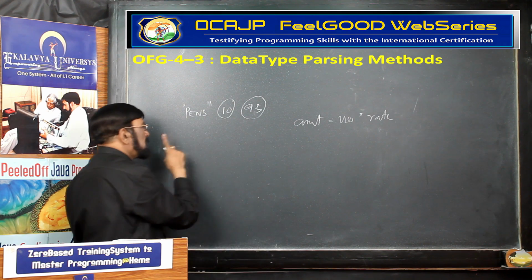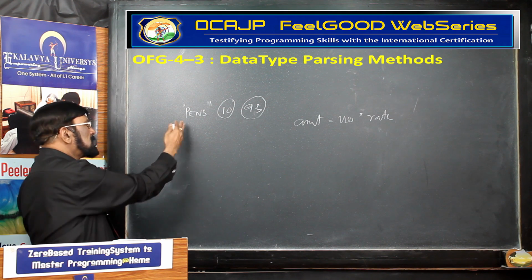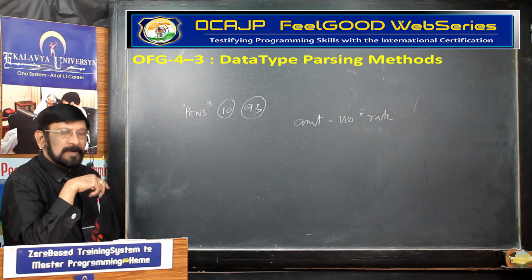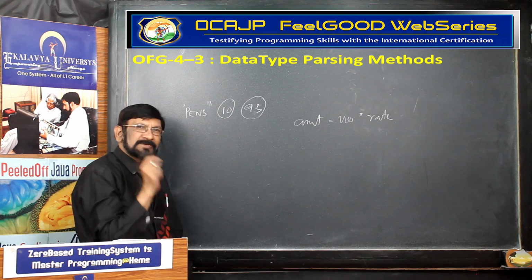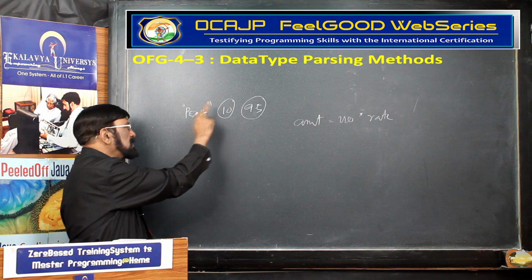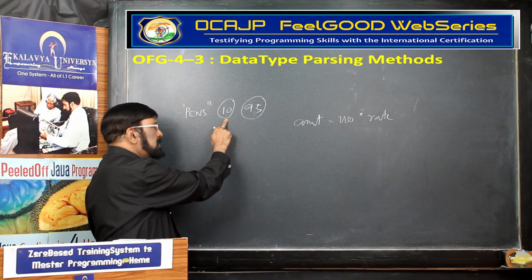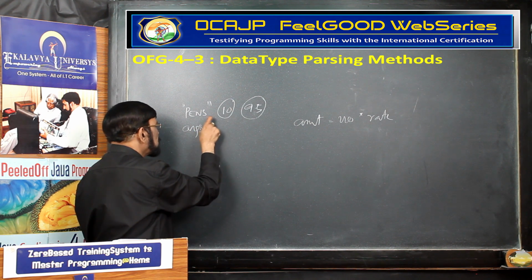As far as the first one is concerned, we don't have any complaint because we want to use it as a string only. That's why we don't have any problem. How we use it, let me show, then you can have clarity. Here 3 items are there: one is a string, another is an int, another is a float. Where are they stored?